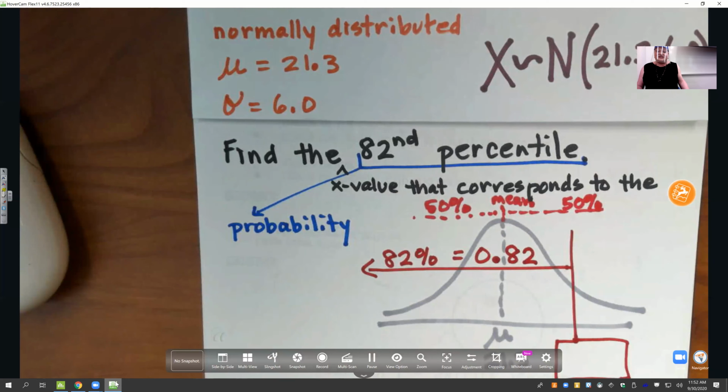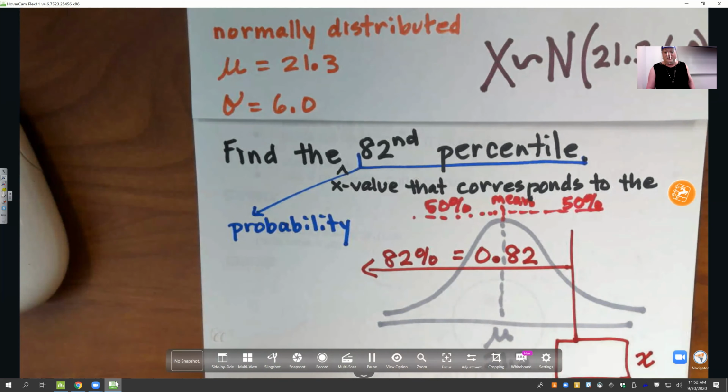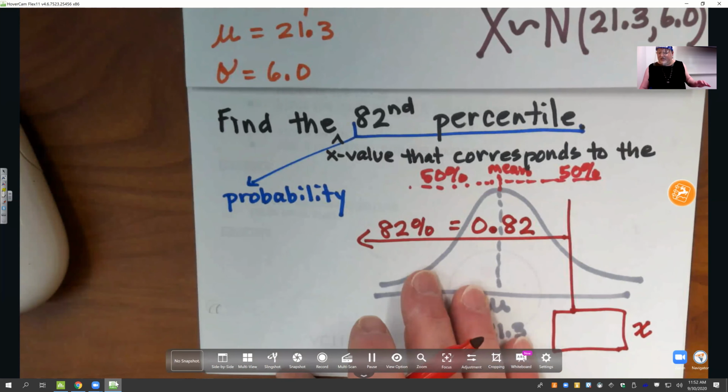And I'm using 82 because I'm looking for the 82nd percentile. I'm looking for this value right here. This is going to be an X value because I already know the probability. It's a little bit different wording, but you have to pay attention and know whether you should be above it or below it.